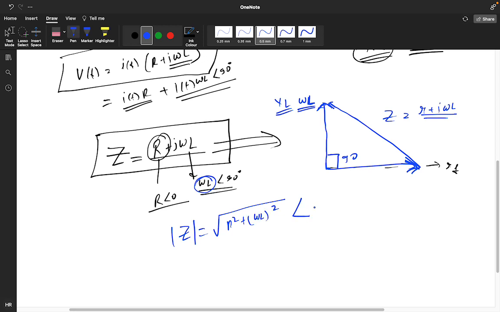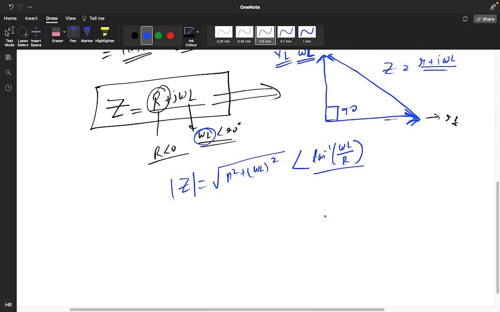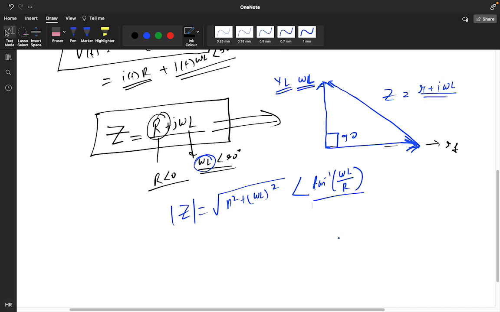It will have some angle, tan inverse omega L by R. Suppose you write R here and XL here, where XL is omega L. This is your Z. The angle theta is this, because tan inverse of perpendicular by base gives the angle.